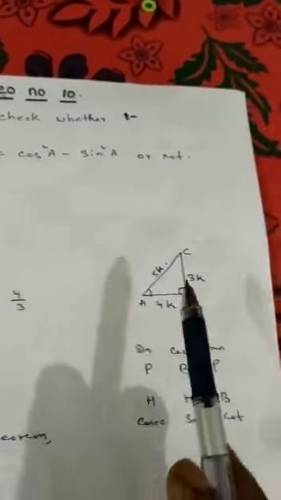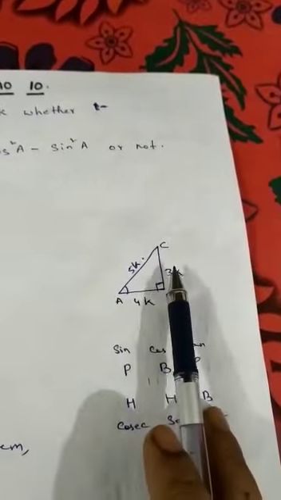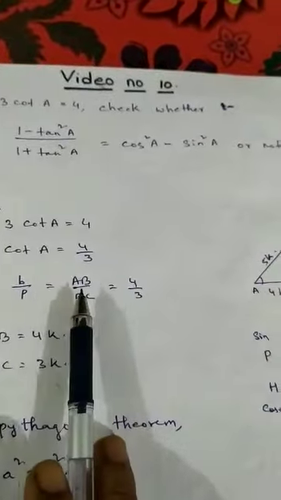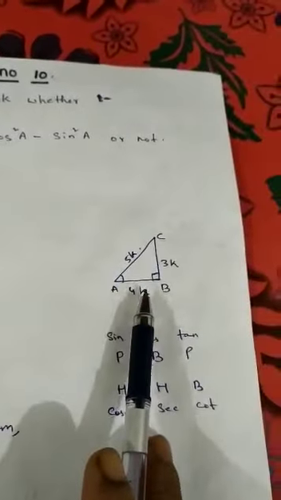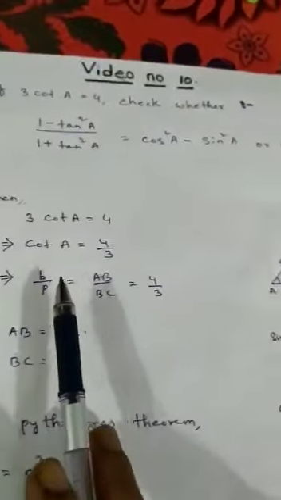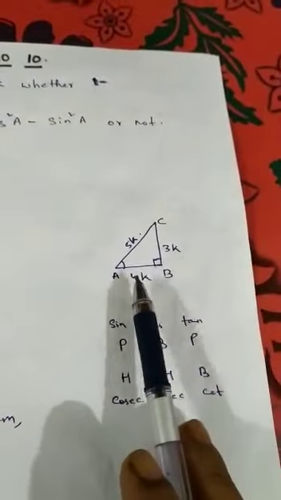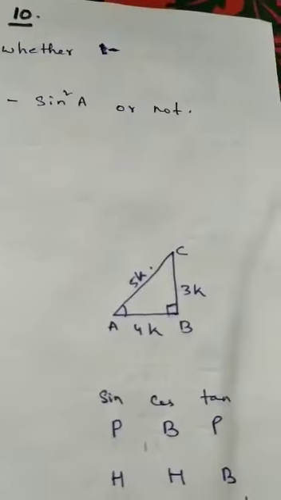So I have assumed base as 4k and altitude as 3k. The base is AB as 4k and BC as 3k, because cot theta is base by perpendicular. So base by perpendicular, 4k here I have taken and 3k in the altitude.